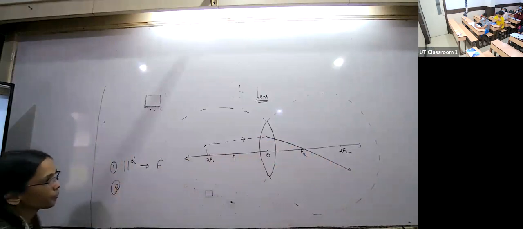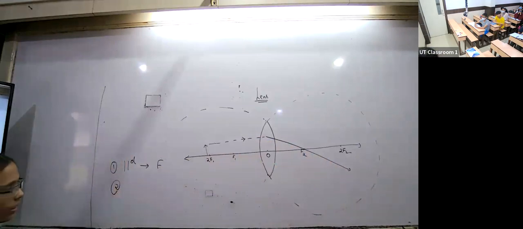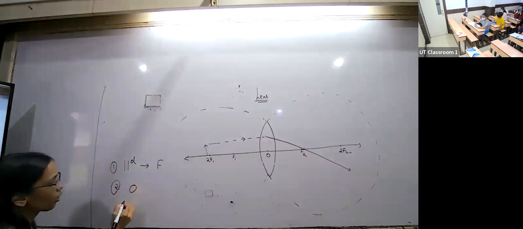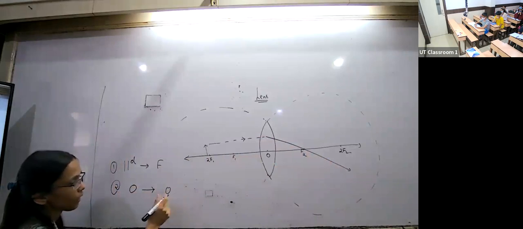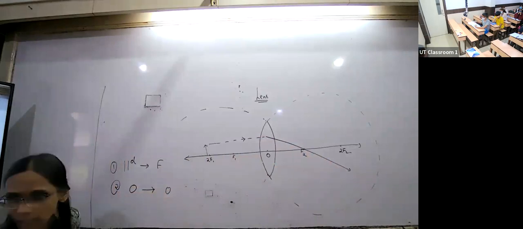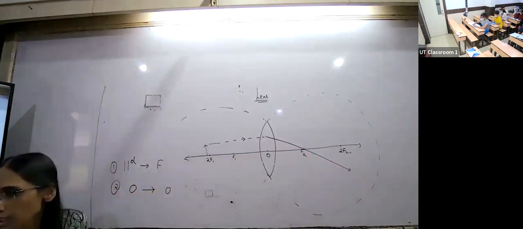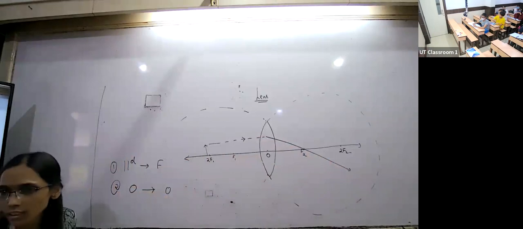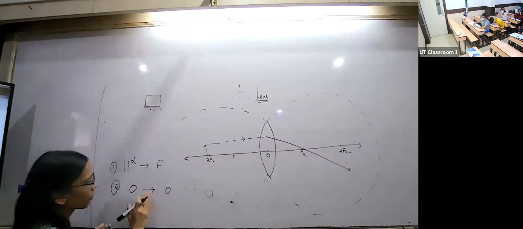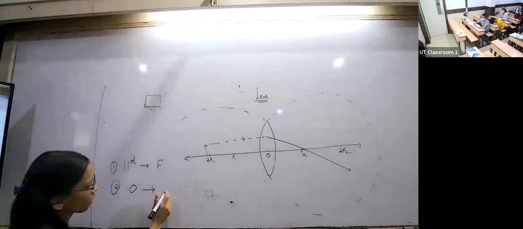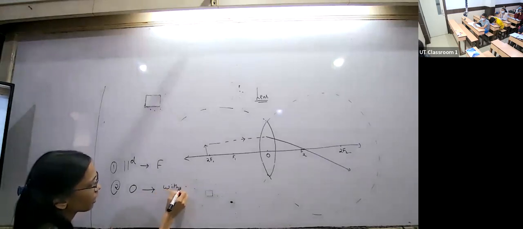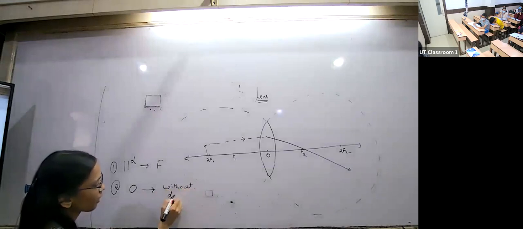The second one is it passes through the optical center and goes without deviation. You do not say it traces back, because there is no tracing back. This is a lens; nothing is going to come back. So we just say it passes through O and goes without deviation, without any bending.